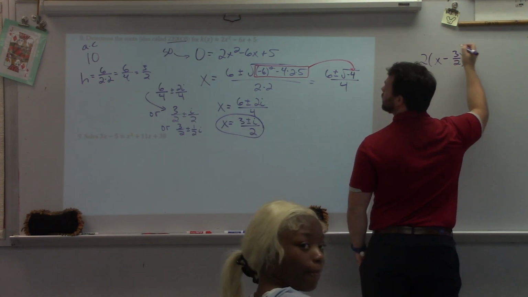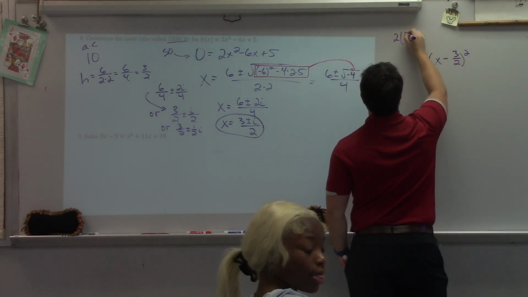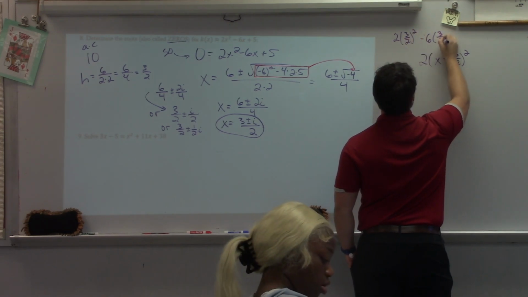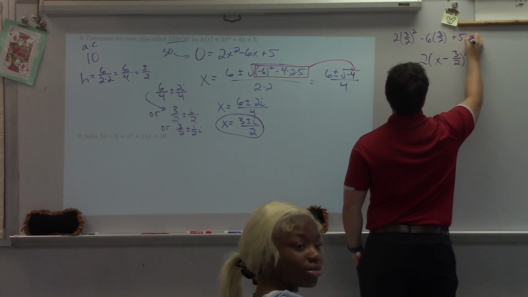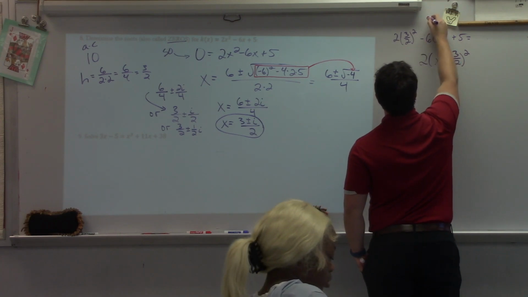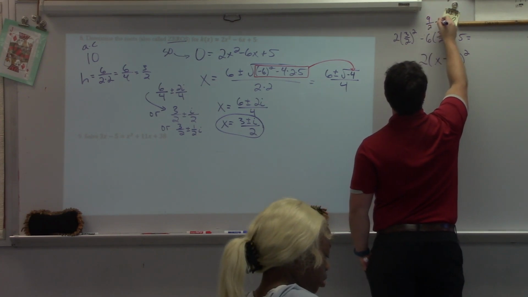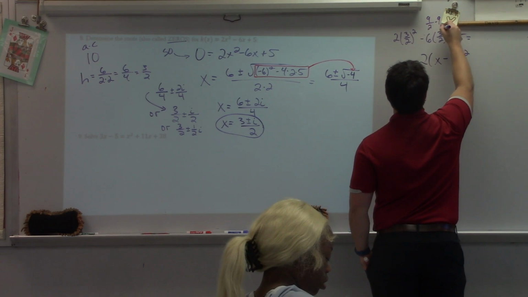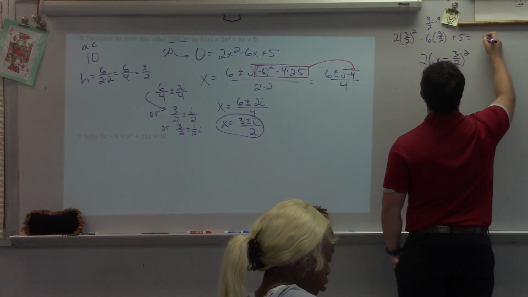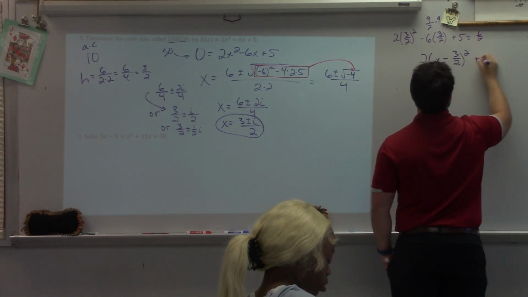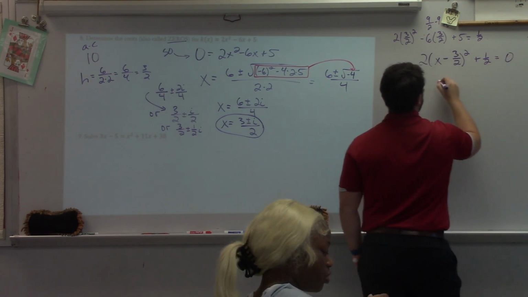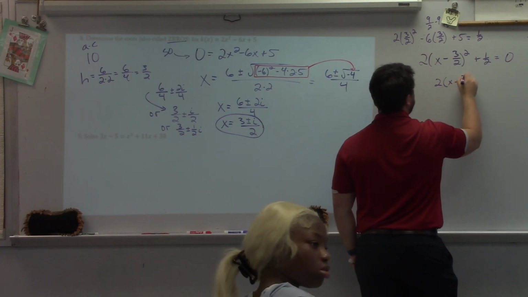Mr. Petey? Yes, ma'am. When you're done, can you come look at my paper and see what I did wrong? Sure. This is terrible. What does that give me? 9 halves minus 9. Let me see. You had more than me, I know that for a fact. That's so wrong. How did you get 16? The calculator told me.